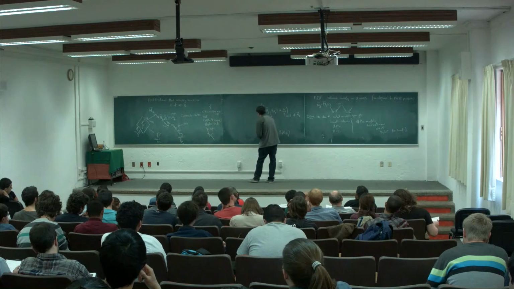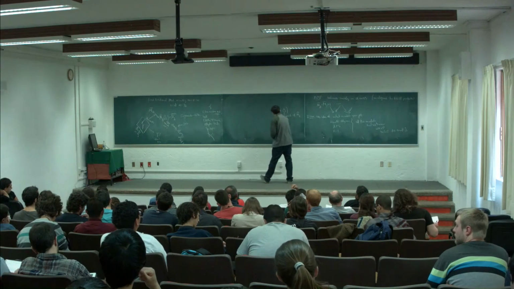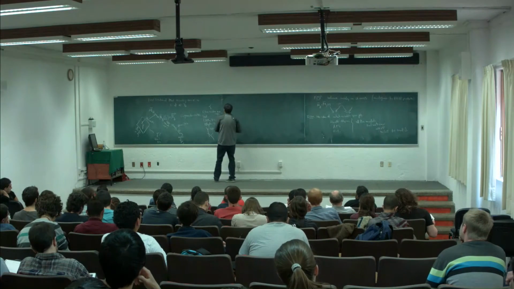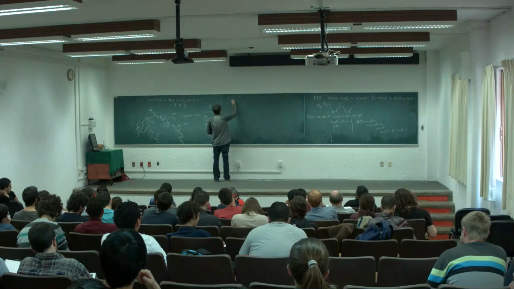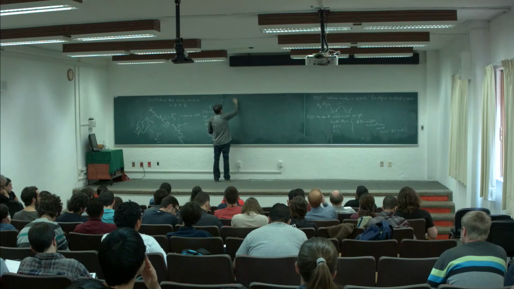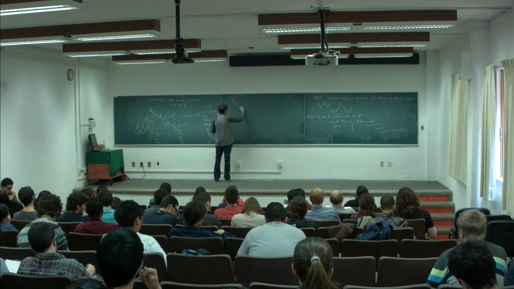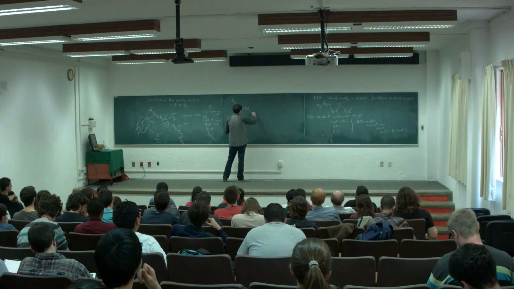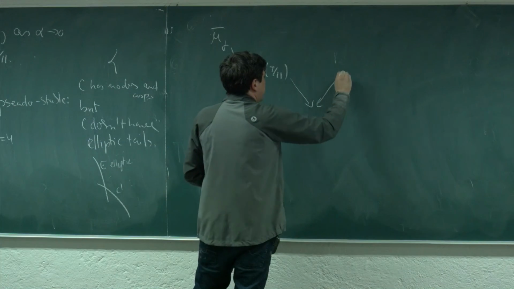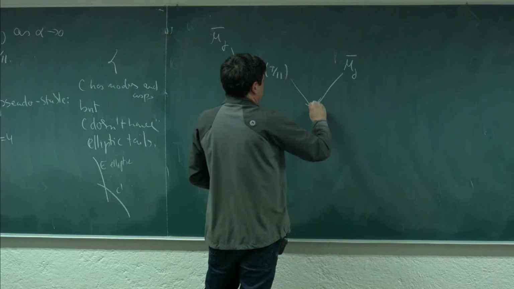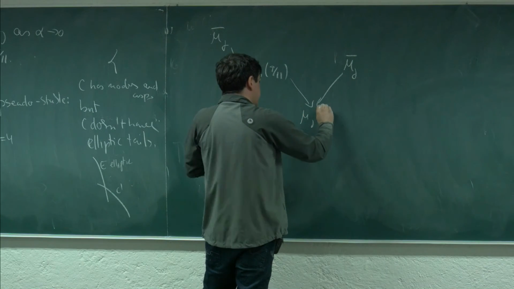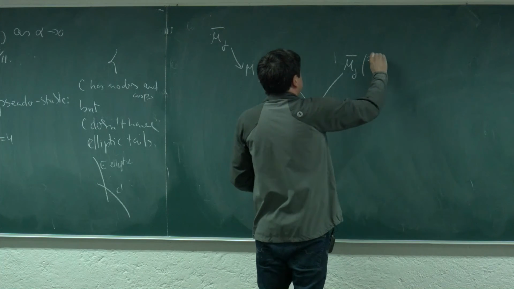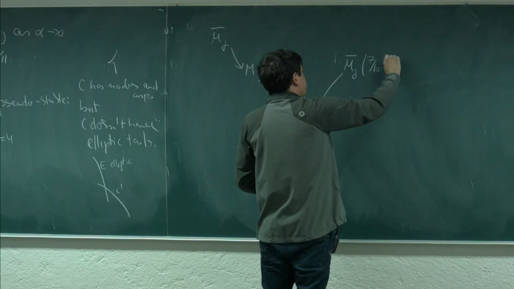And then, whatever, so you have M_g bar maps to M_g of 9/11, which is divisorial, and then there will be M_g maybe 7/10, M_g of 7/10 minus epsilon.